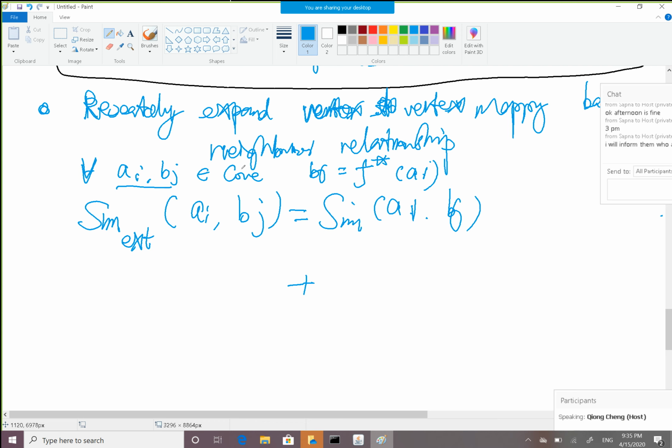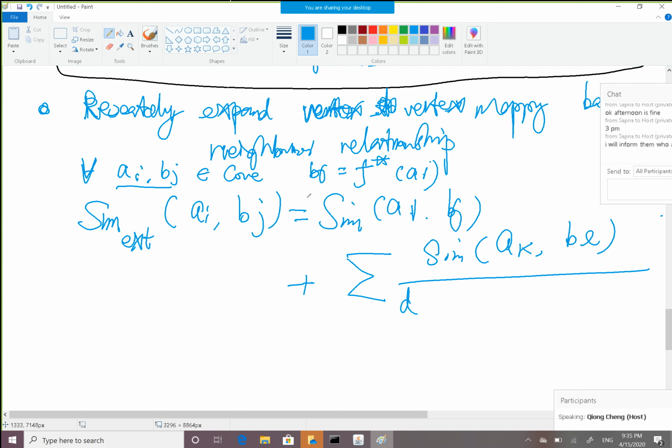So for this similarity of labels, you count whether it is the same, AK and BL, divided by the distance of AK and AI plus 1, plus the distance of BL with BJ plus 1. So this is for this function here.